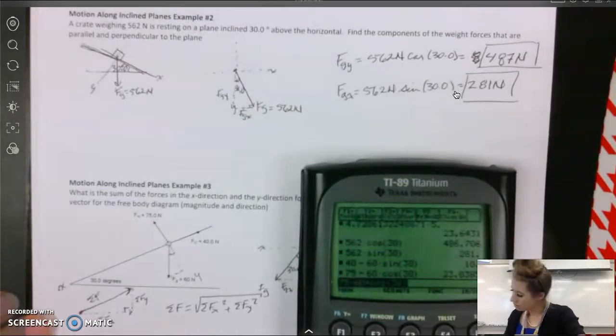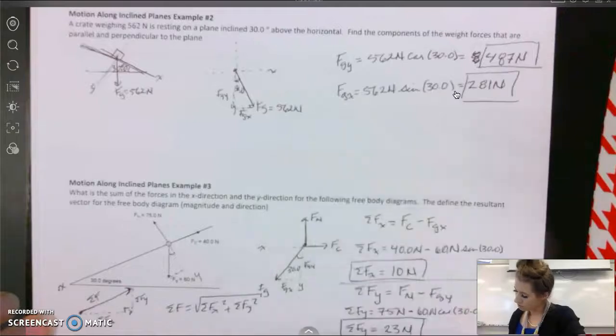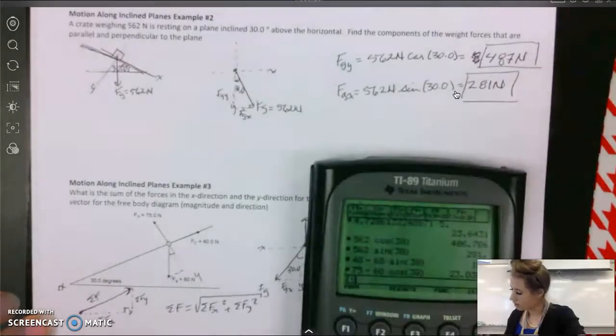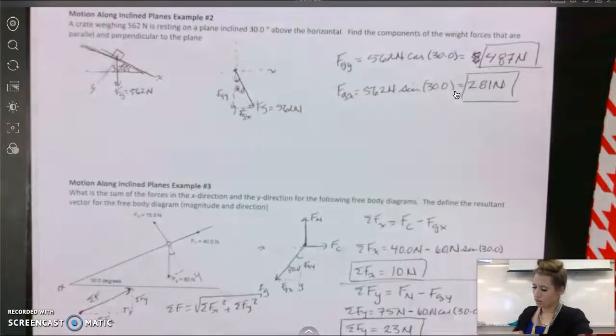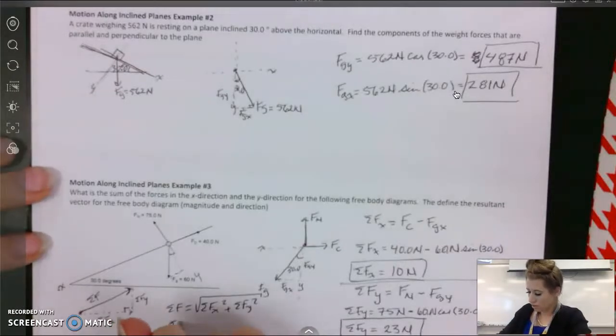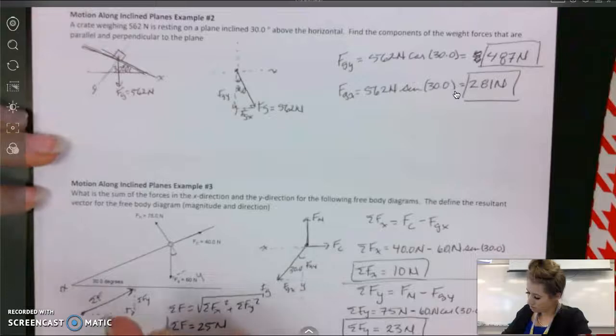The square root of the sum of the forces in the x, which is 10, squared, plus the sum of the forces in the y, which is 23, squared. And so the overall resultant vector is 25 newtons.